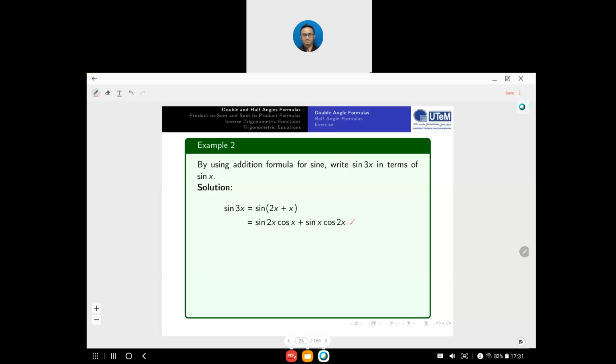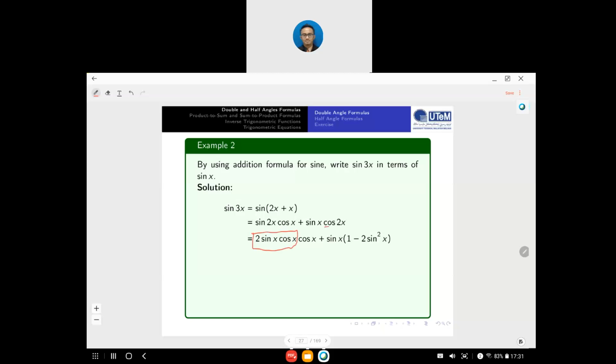Okay? And then we know that sin 2x we can use the double angle, and cos 2x also the same thing, we can use the double angle. So by using the double angle formula, we can get sin 2x equal to 2 sin x cos x. This one. Okay?